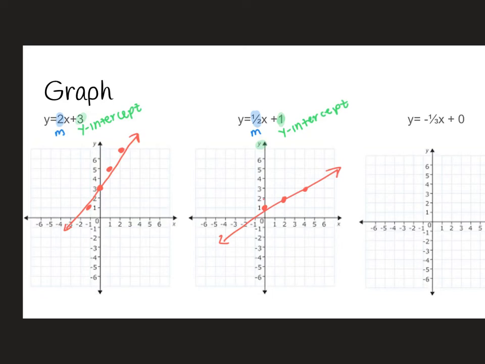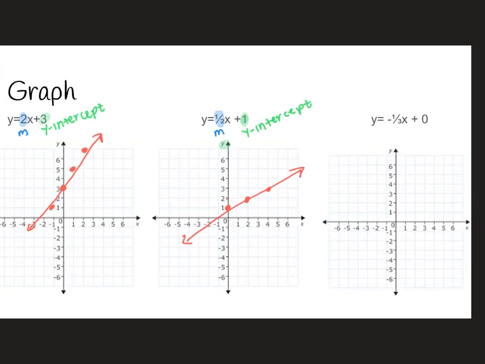And then we've got our last one. Y equals negative 1/3 x. That's m for slope. Plus 0, and that is the y-intercept.